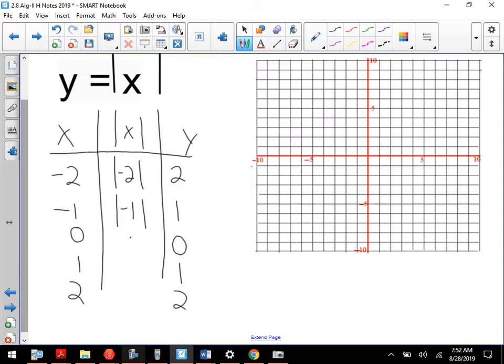So, guys, again, this goes back to plotting points. -2 and 2, -1 and 1, 0 and 0, 1 and 1, 2 and 2. If you connect those, you'll notice it creates a V. Okay?